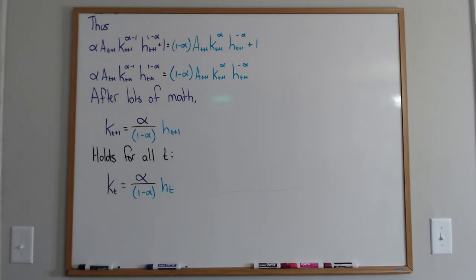Well, what does that actually say? Because the marginal product of physical capital is equal to the marginal product of human capital in equilibrium, or at the optimum, households, when they're optimizing, will invest in physical and human capital up until the point where their marginal products are equal to each other.